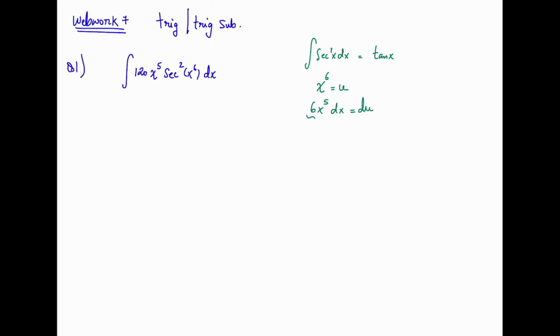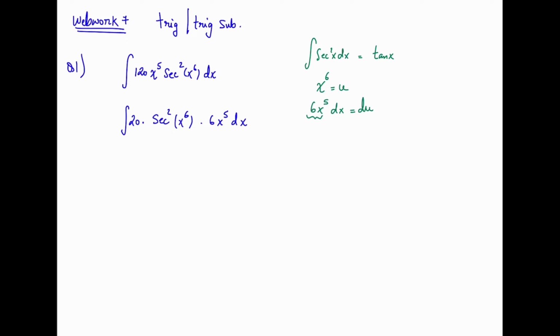You need that with the dx to carry out the substitution. We have both of them. I'm going to write 120 as 6 times 20. Nothing fancy, I just made it easier to substitute.